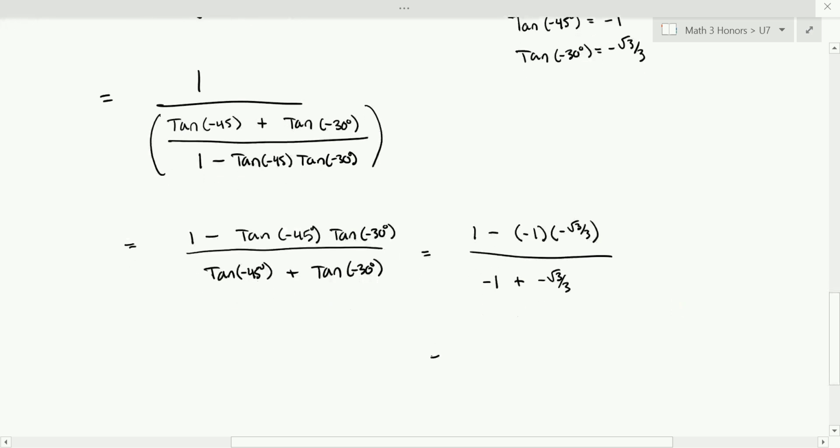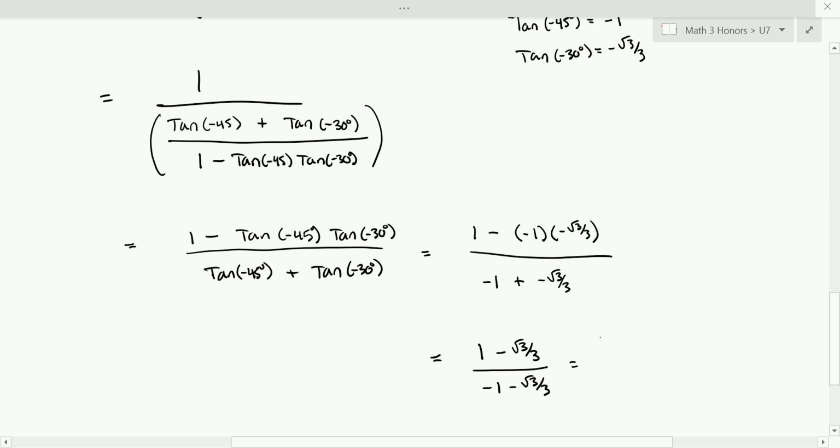Okay. So now we have 1 minus root 3 over 3 and negative 1 minus root 3 over 3. So for each of these, I gotta change each of these into one fraction, right? So I'm going to change the 1 to 3 over 3 so I can make one fraction in the numerator. I'm going to change the negative 1 to negative 3 over 3 to make one fraction in the denominator.